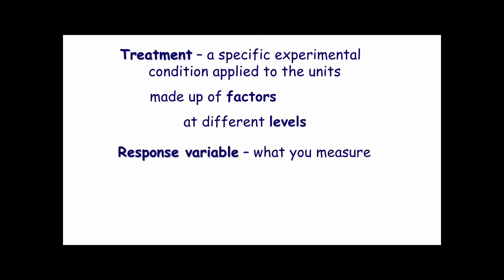The response variable is what you measure at the end. So for instance, if they're trying to measure how shiny the rabbit's fur is, then maybe they can have some expert on rabbits rate the shininess of the fur on a scale of 1 to 10 or something. So basically the response variable is just what you measure at the end to see if there were differences in the two different groups.